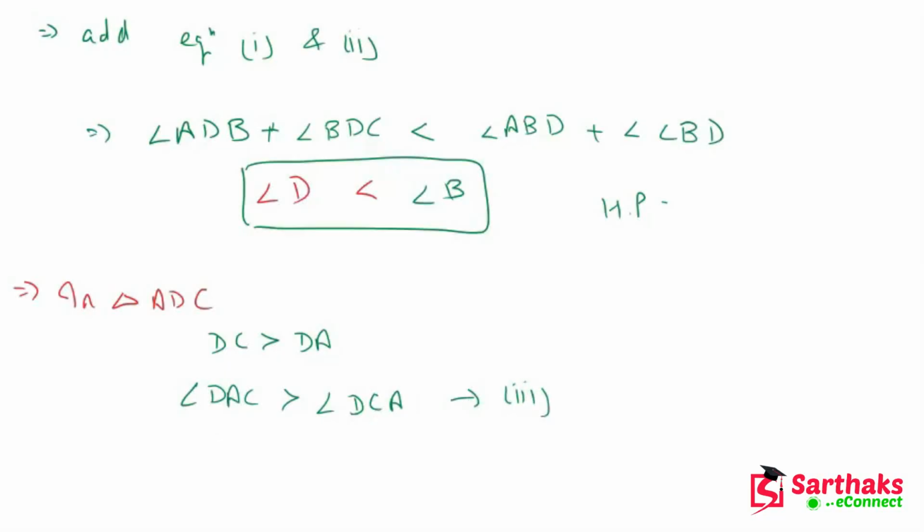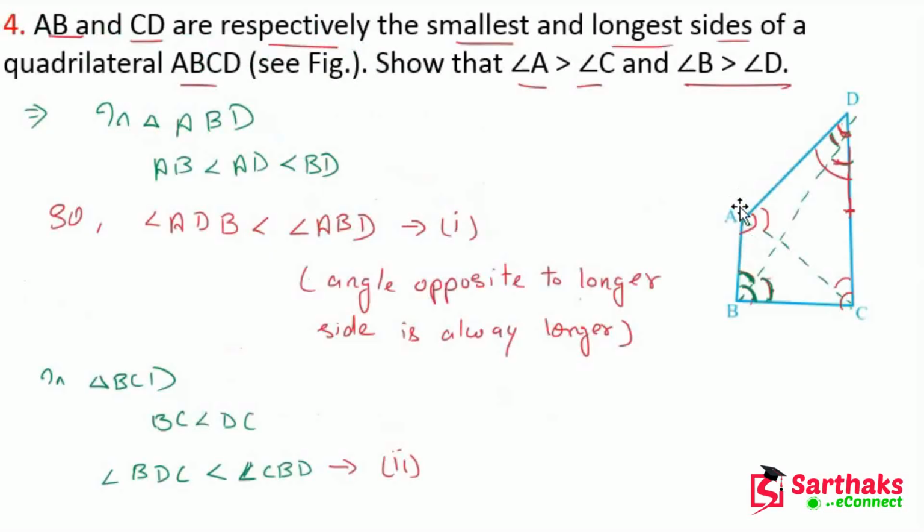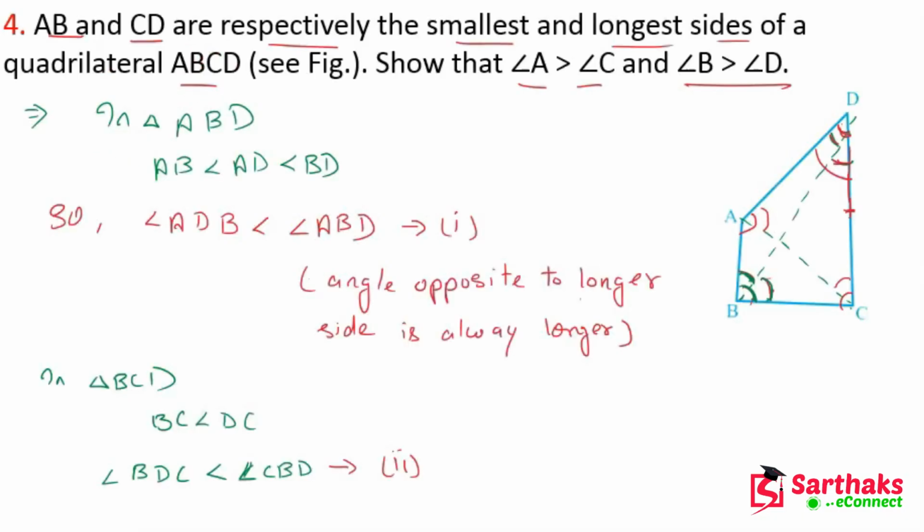And in triangle ABC, you can see in the figure, this line BC is greater than AB, so this angle is greater than this angle.